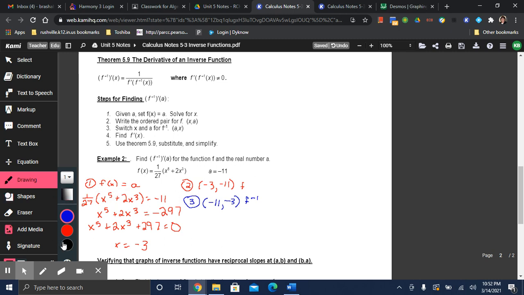And then step 4, I want you to find f prime of x. Now, that's not as hard as it may look to do.